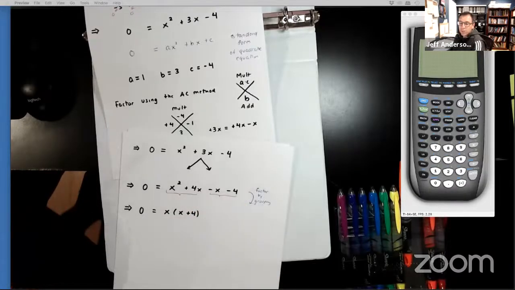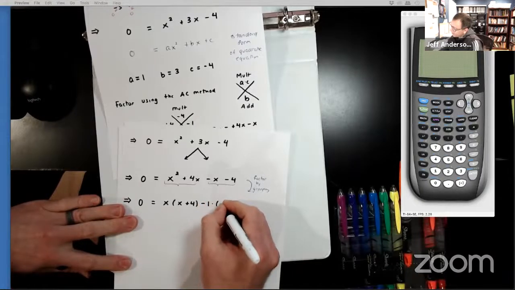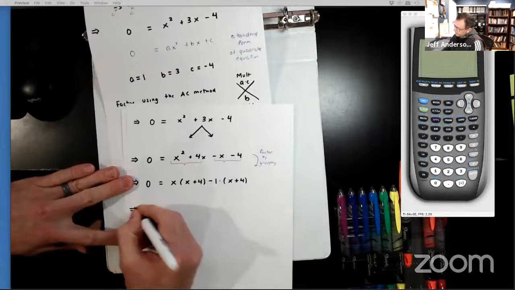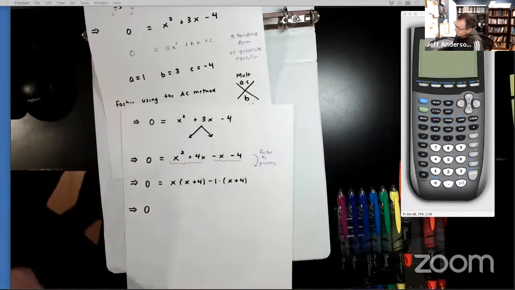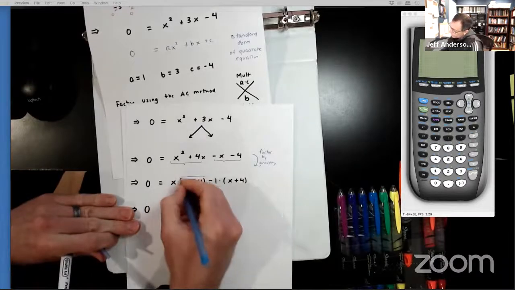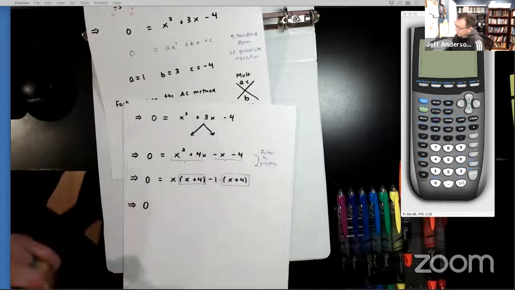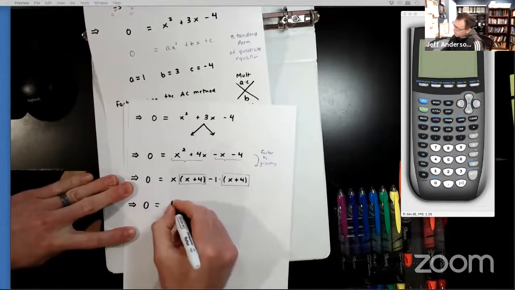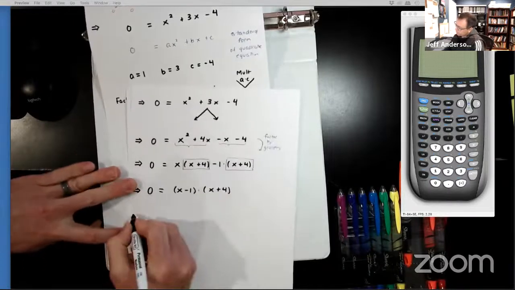Notice in the second two terms, I can pull out a -1. And if I do that, I get an x plus 4. So I actually have these two groups of x plus 4. If I factor those out, I get x minus 1 times x plus 4.